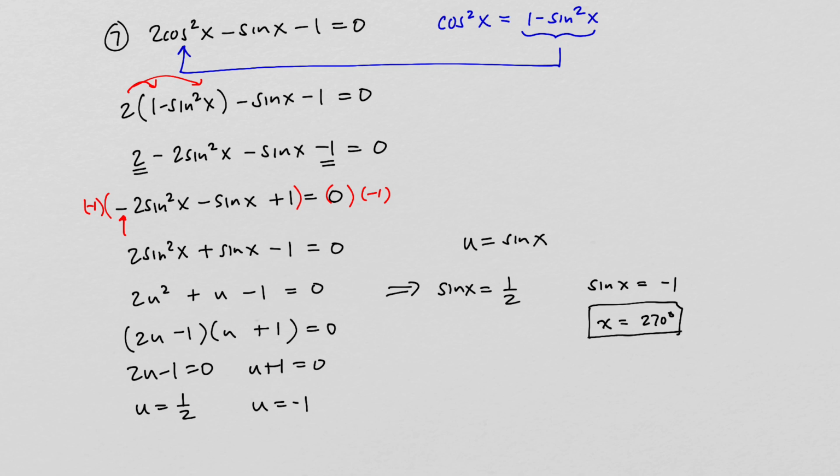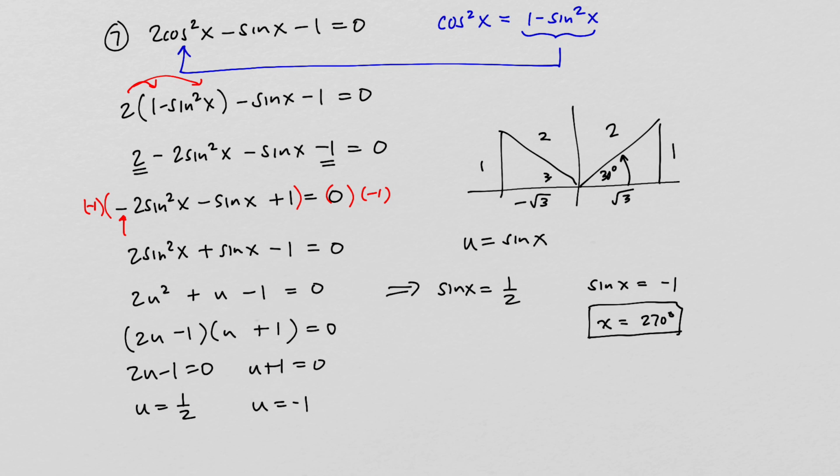And then sine equals positive 1/2, we can figure this out by drawing a triangle in the first and second quadrants, because that is where sine is positive. And sine is opposite over hypotenuse, which means the missing side here is going to be radical 3, which also means that the reference angle is 30 degrees. Same thing for the triangle in the second quadrant.